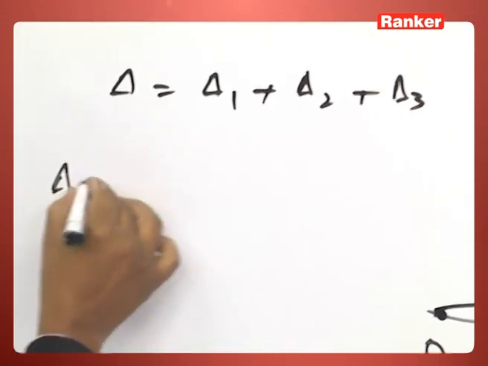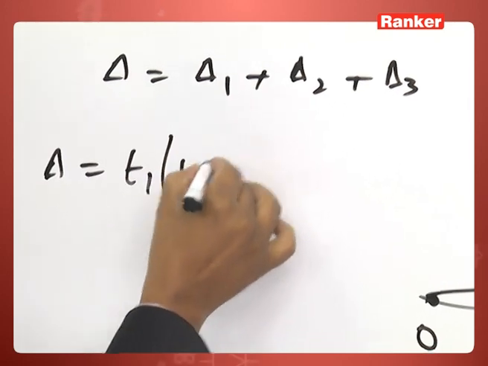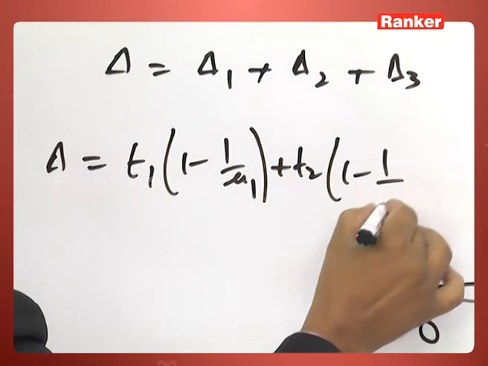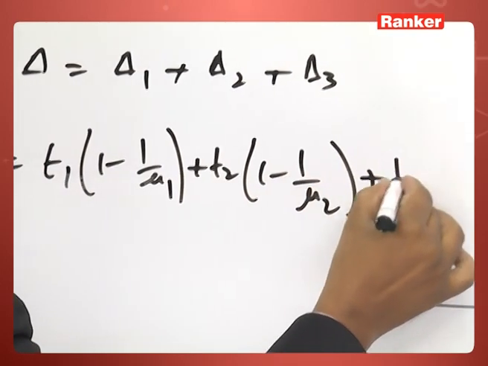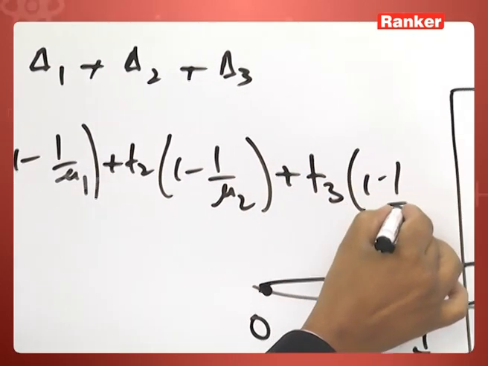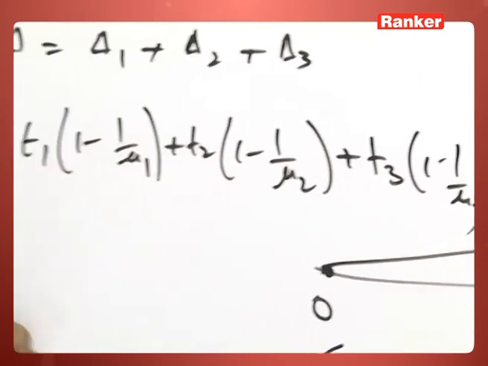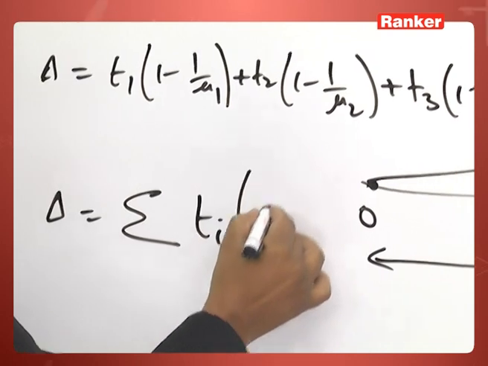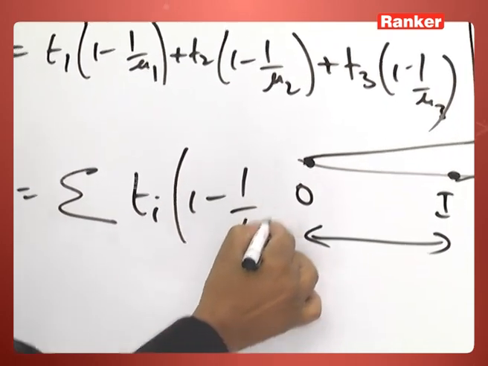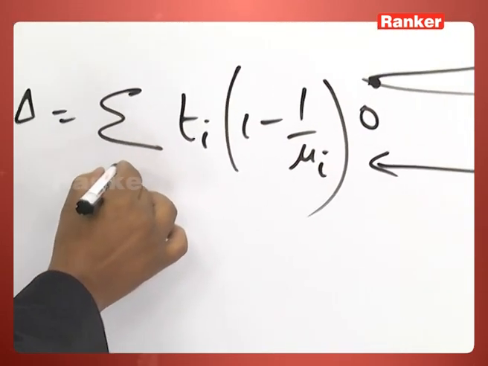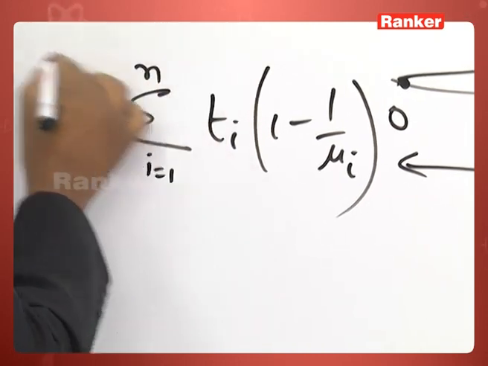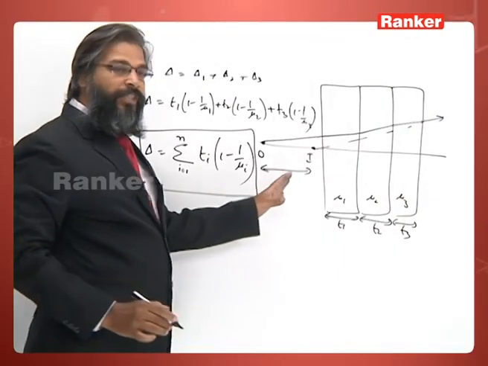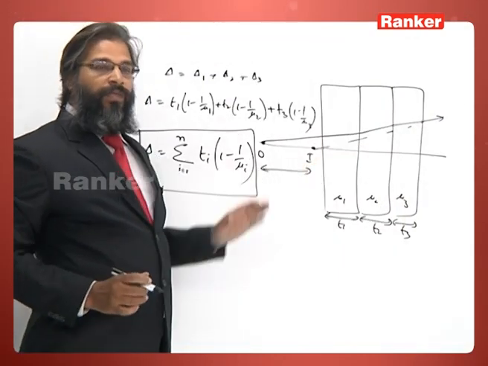So that will give t1(1 minus 1 by mu1) plus t2(1 minus 1 by mu2) plus t3(1 minus 1 by mu3). So that we can write as sigma t_i(1 minus 1 by mu_i), with i equal to 1 to n. So this is the expression of the total shift due to a number of glass slabs.